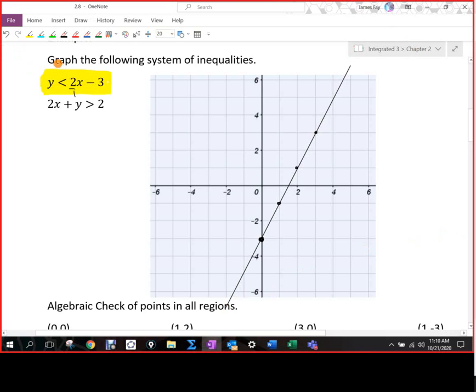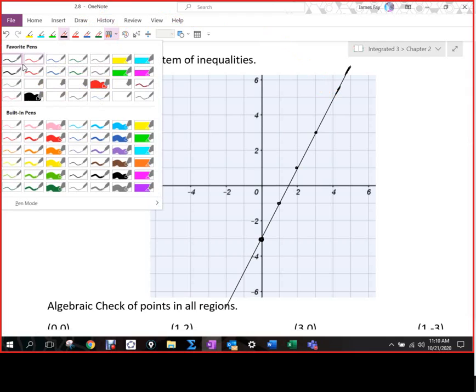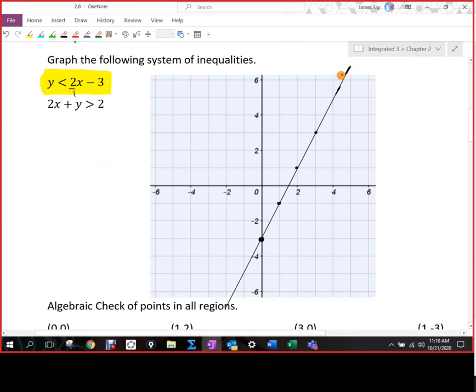Because we did this in Algebra 1, okay? What we do with a less than sign when we graph the line. Do you guys remember that it actually becomes a dotted line? Ever seen that before? Yeah. So I'm going to try to do that here for us. Make this dotted.